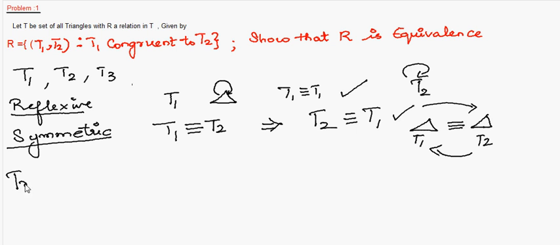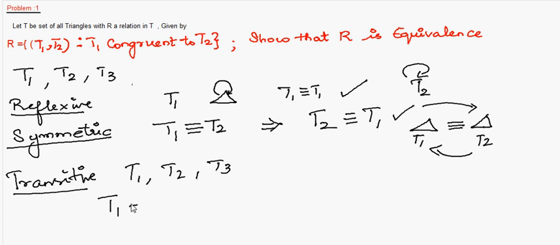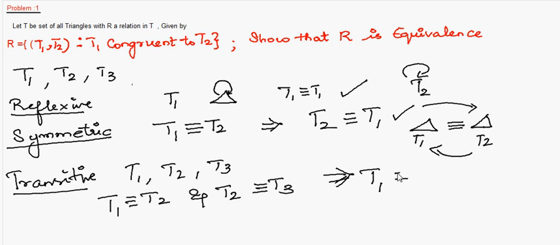Third property is transitive. Let's select three triangles T1, T2, T3. If T1 is similar to T2 and triangle T2 is similar to T3, then obviously triangle T1 should be similar to T3.